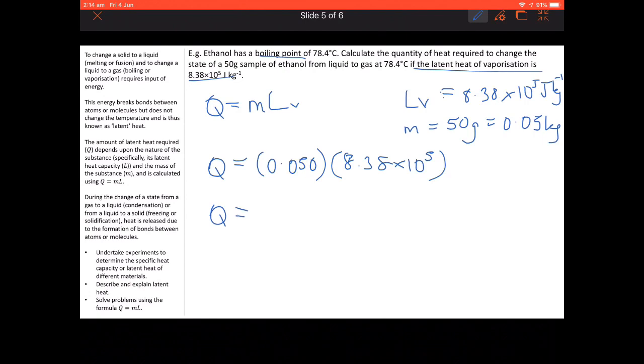Therefore, our latent heat will be 41.9 by 10 to the 4 joules. So this is the amount of energy required to change the state of 50 grams of ethanol from liquid to gas at 78.4 degrees.